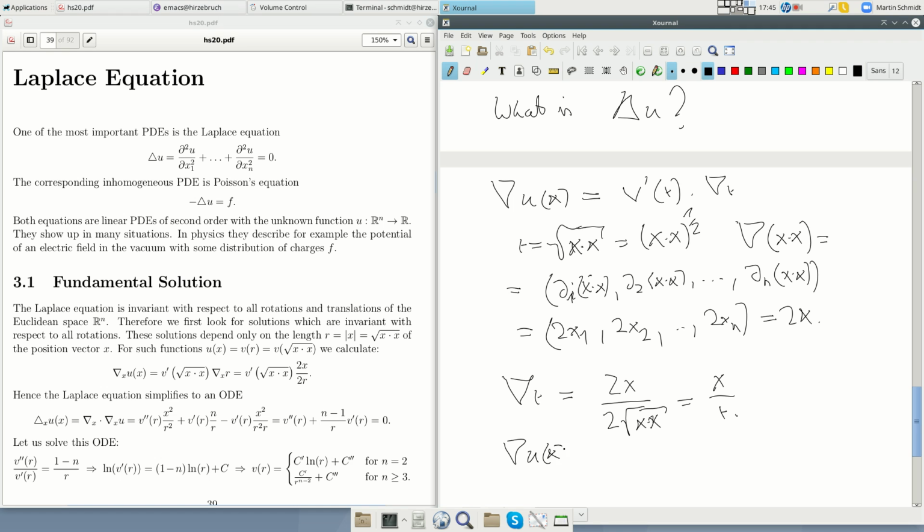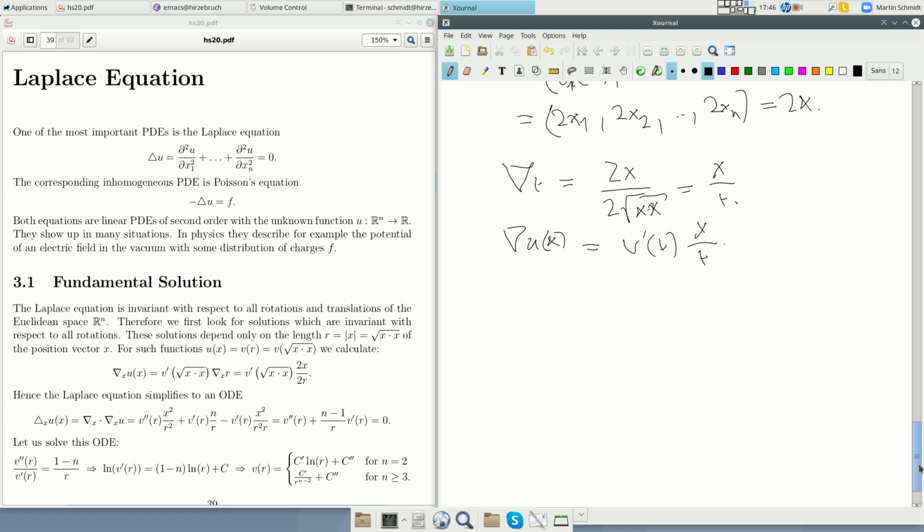The gradient of u of x, if it's of this form, is just v prime of r times x over r. Now we take the Laplace of u of x, and this is the divergence of the gradient of u of x. So this is the divergence of v prime of r times x over r.